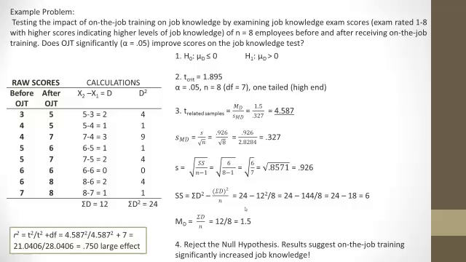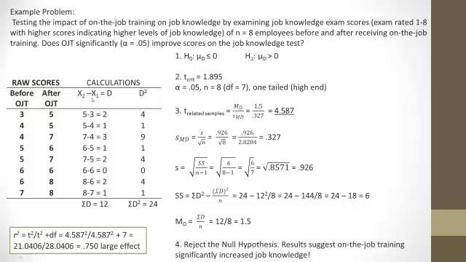So the first step that I'm going to discuss is getting the mean difference. That's the sum of all the differences divided by the total sample size. To find the sum of those differences, you need to figure out all the D's for everybody in your sample and then add those together. To find D, you take their score for the dependent variable, job knowledge at time 2 after on-the-job training, and subtract their previous score before on-the-job training.